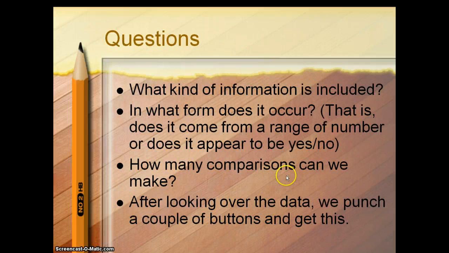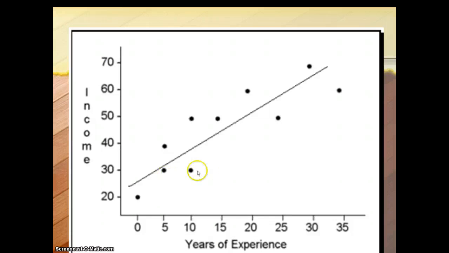There's a lot of information included, and it comes in the form of interval or ratio data. Really, there's only one comparison that we can make. We can only look at the relationship between the number of years of experience they have and how much money they make. So we punch a couple of buttons in SPSS, and we get this.